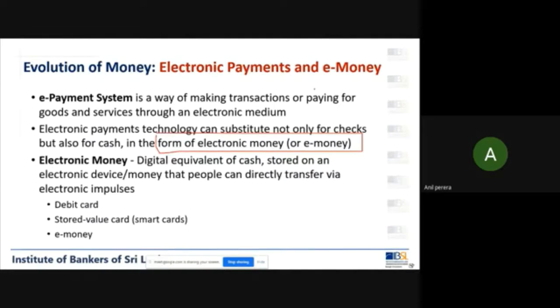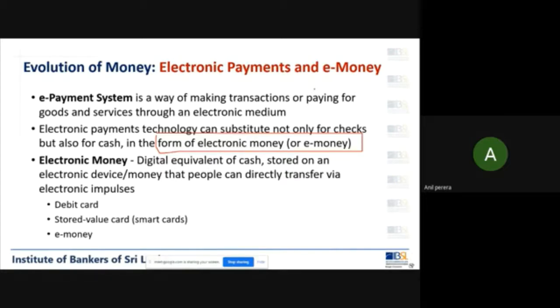So it's a digital equivalent of cash stored on an electronic device, right? So this e-money is basically stored in an electronic device. Now all these evolutions of top-up cards, cryptocurrency, smart cards, credit cards, their concept is based on electronic money.